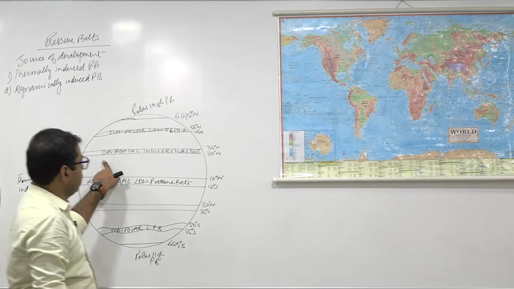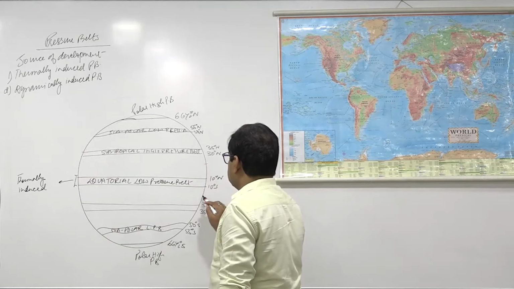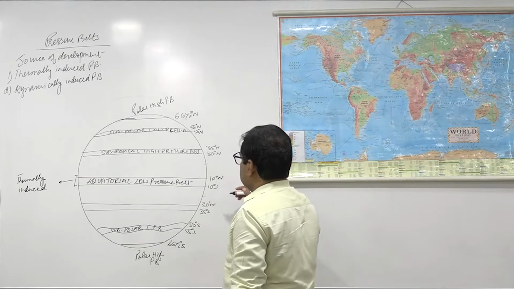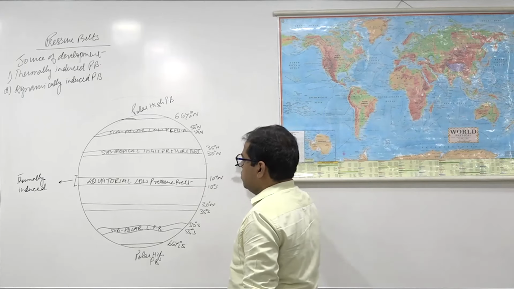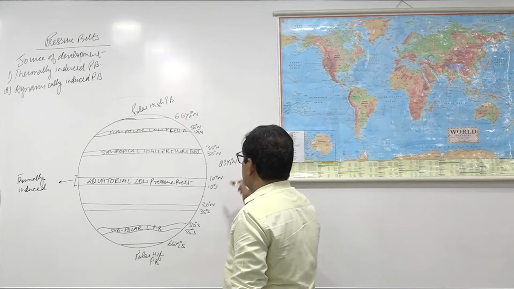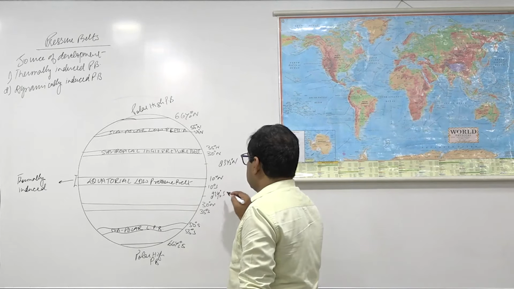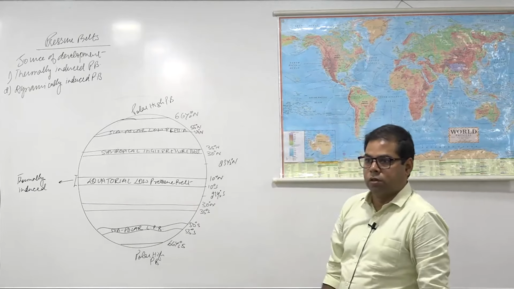In subtropical areas, the position of the sun in the northern hemisphere and the southern hemisphere, the apparent shift of the sun to the north and south is up to 23.5 degrees north, that is the Tropic of Cancer, and 23.5 degrees south, that is the Tropic of Capricorn.